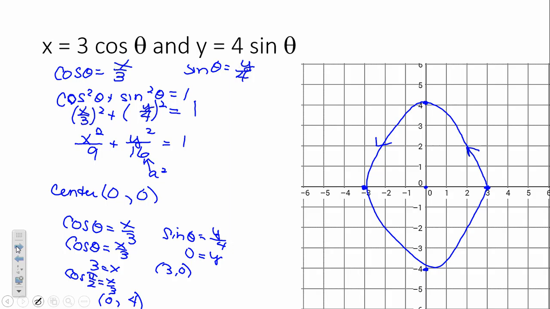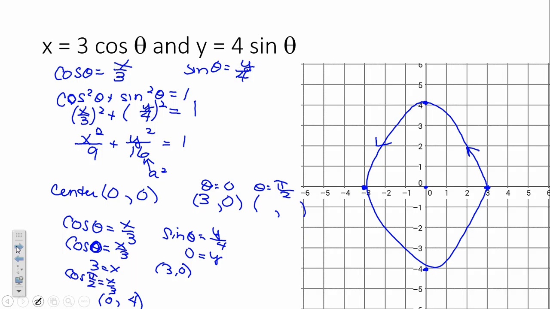So what I did was I said, okay, let's try theta equals 0 and see what values we get for x and y. And then let's try theta equals pi over 2 and see what values we get for x and y. So when theta was 0, cosine of 0 is 1, and 1 times 3 is 3. Sine of 0 is 0. 0 times 4 is 0.